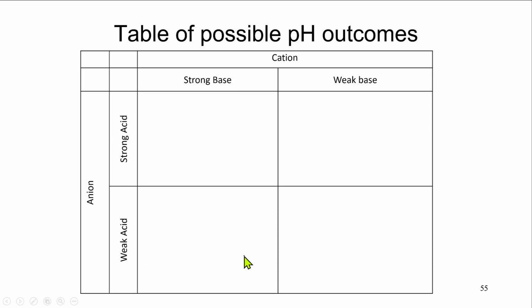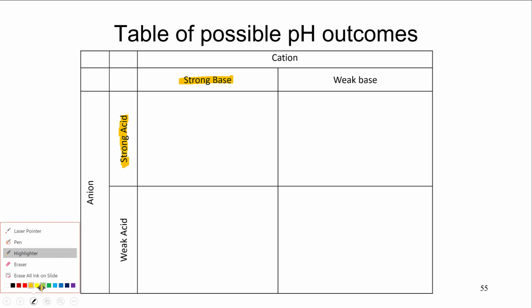So what I did is I created a table and I put cations at the top and anions on the left. And the cations either come from a strong base or a weak base. Now, very quickly, you can eliminate any changes caused by strong bases or strong acids. Oh, the highlighter doesn't like that. Okay, I'll go like that. Now, those have no effect on the solution, but the weak ones do.